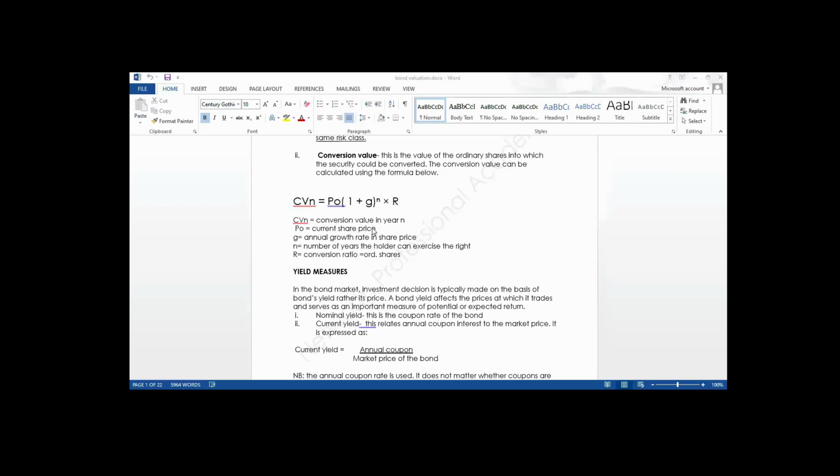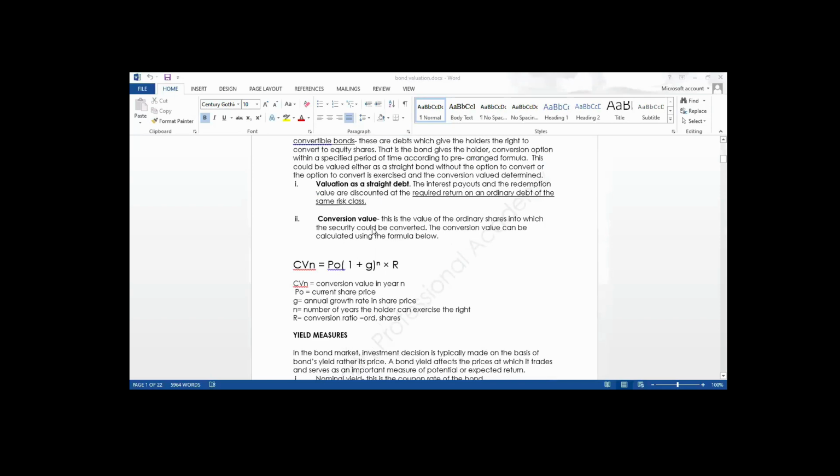You now compare the two methods. Whichever one gives you the higher value will represent the value of your convertible bond.